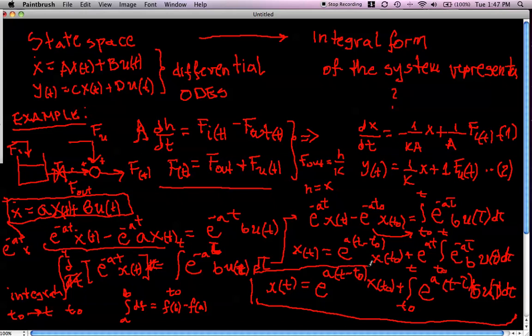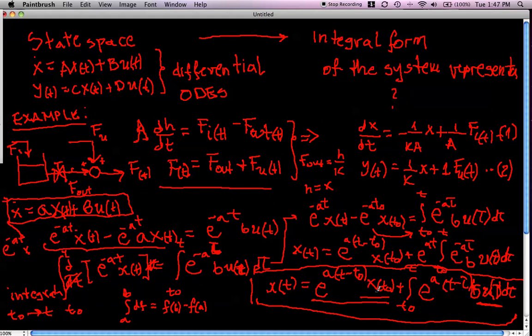This is very interesting because we will be able to say that the evolution of the state x of t is a contribution of two parts. The contribution of the initial condition, this is essentially this entire part, where x of t0 is the state at t0, and some contribution that comes from the input here. This is the function u of t.